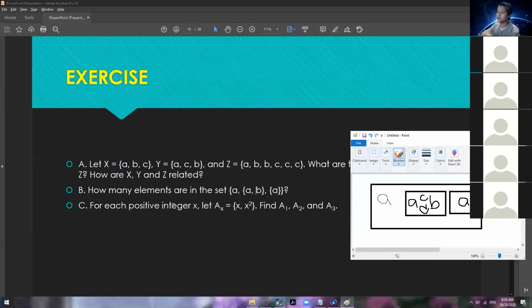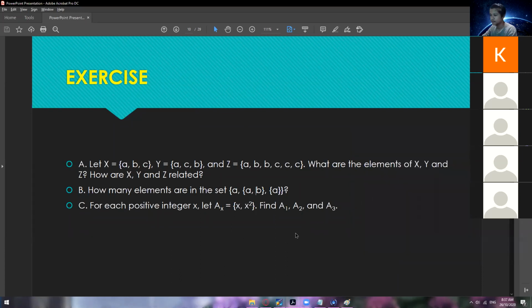How about letter C? For each positive integer x, let a sub x is equal to x and then x squared. So find a sub 1, a sub 2, and then a sub 3. So this one is just the same with letter A, just a different formula.